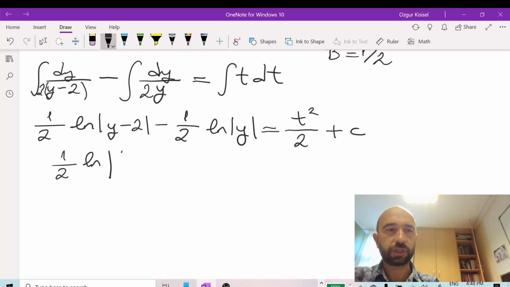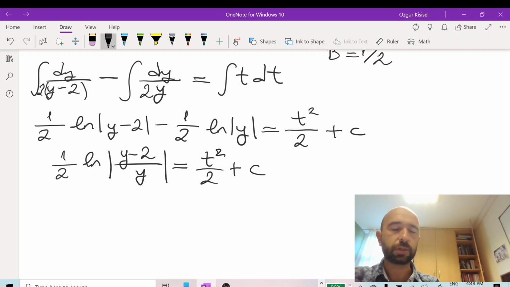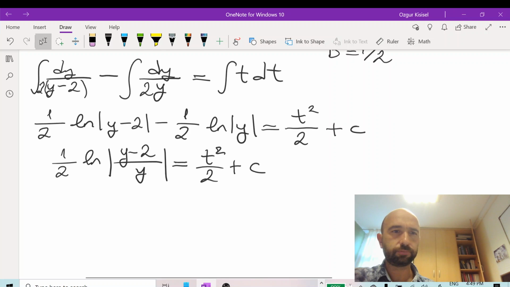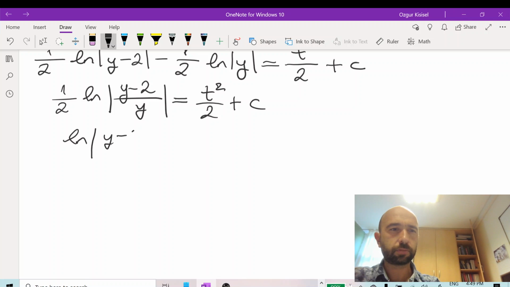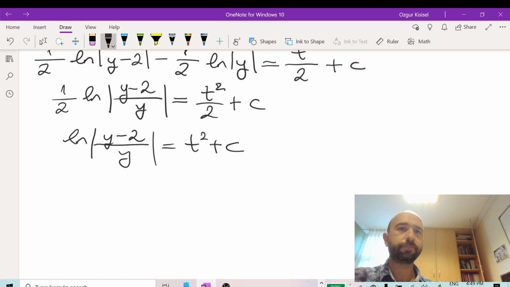That means division inside the logarithm. So we have this equality. Now I can get rid of the 2. It's harmless to replace 2c by c.